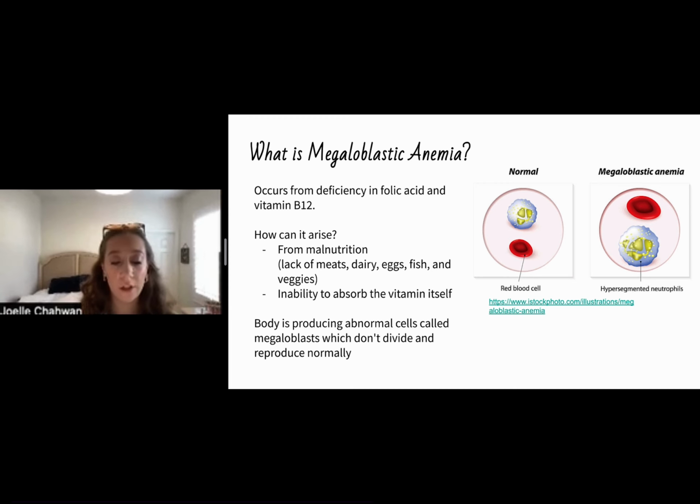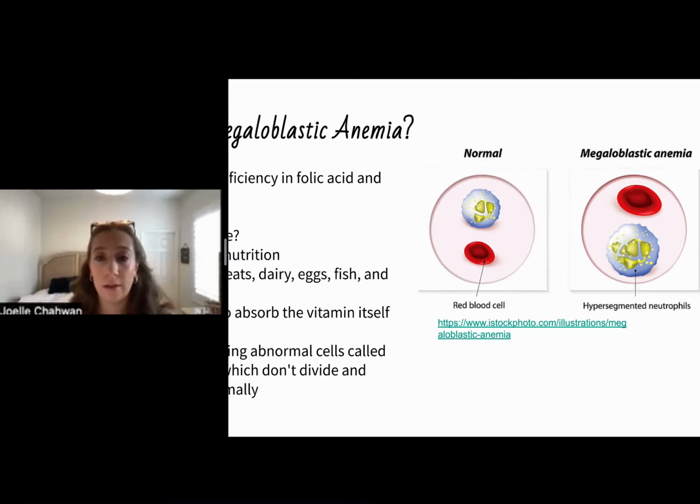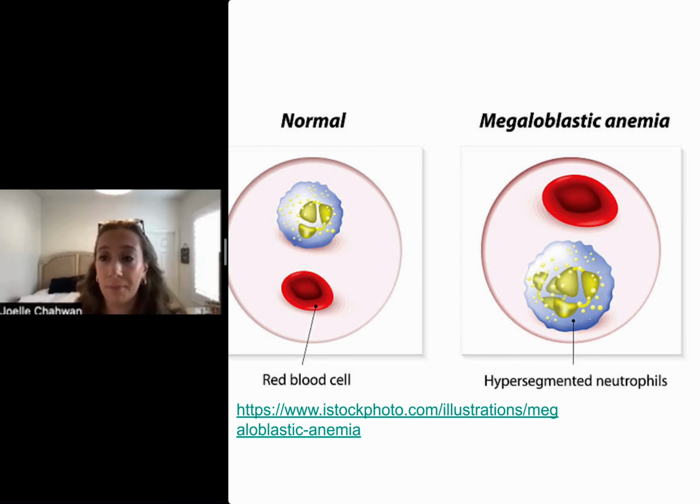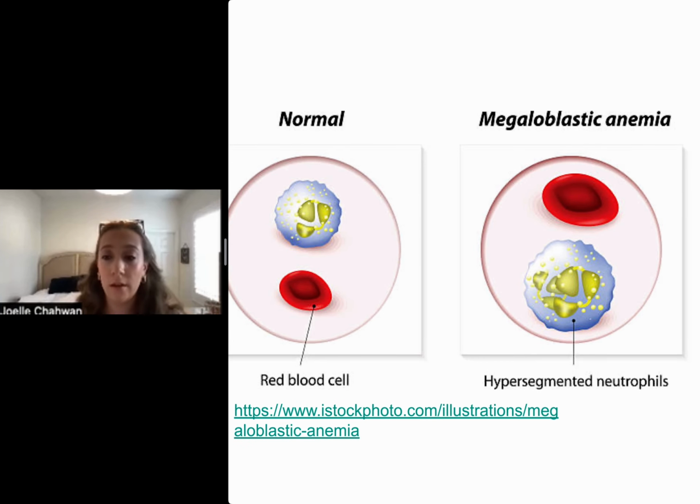It occurs from deficiencies in folic acid and vitamin B12, which can be due to malnutrition. It also means that without enough vitamin B12, the body is producing abnormal cells called megaloblasts. And as you can see, they're right here. They are enlarged. So this is a comparison from normal to having the megaloblastic anemia.